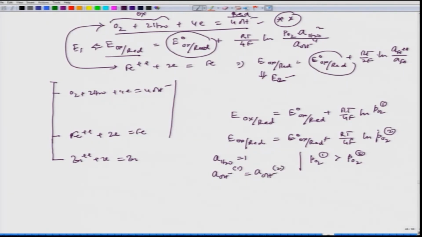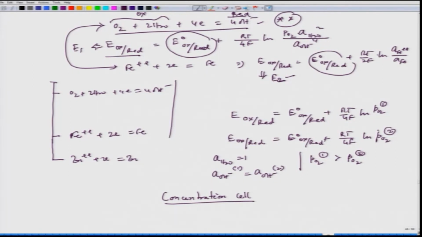If we have this situation, then we have an interesting situation which originates from a concept called the concentration cell, and that concentration cell would be able to explain the corrosion of iron if there is one small droplet of water on top of it.